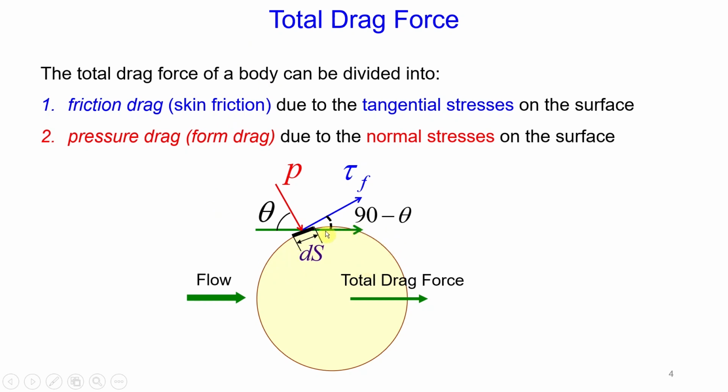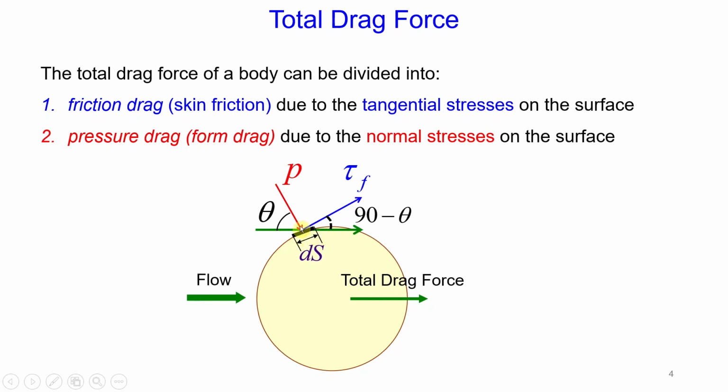So if you are considering your structure, which is a plan view, which is your cylinder, and you are considering a small elemental surface area, ds, which is very small, like a dot, like a point, on this small elemental area ds, we have friction drag due to tangential stresses, which are tangential in relation to ds.